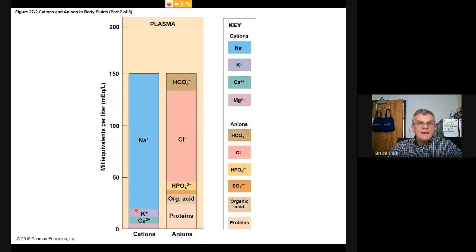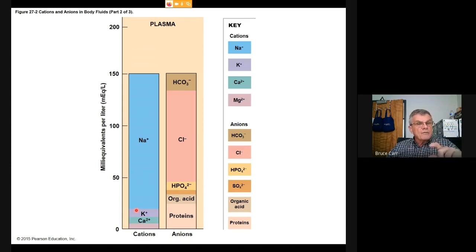Now, that 10 is accounting for the delivery of the potassium to the cell. Suppose you're pumping it from a region that has 10 milliequivalents to a region that already has 150? That means you're going to have to use energy. That's that sodium-potassium pump, isn't it?